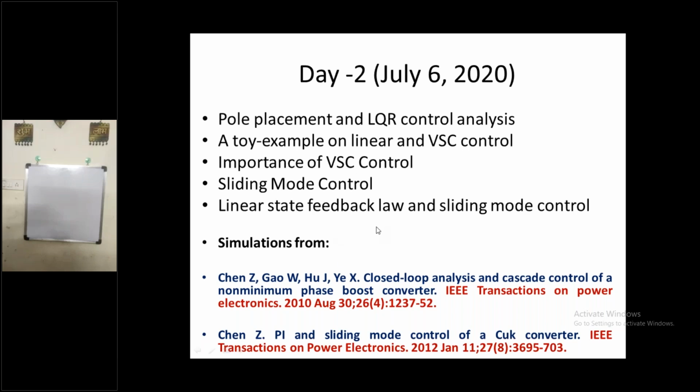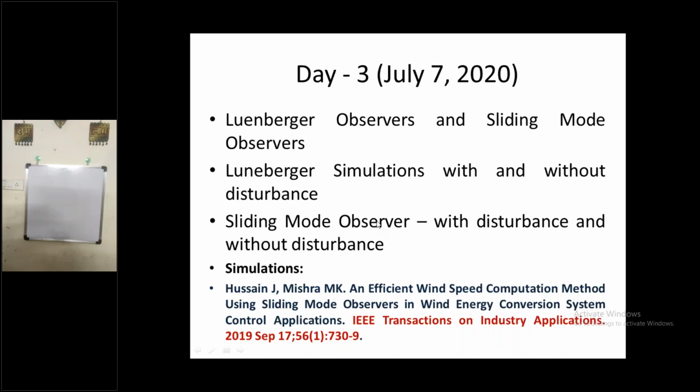So once this was done, on the third day, we went to the Luenberger observer and sliding mode observers. This Luenberger observer works if the plant is nominal and there are no disturbances and so on; then the Luenberger observer is the best one. That's what we have seen. And we have seen the sliding mode observers as well.